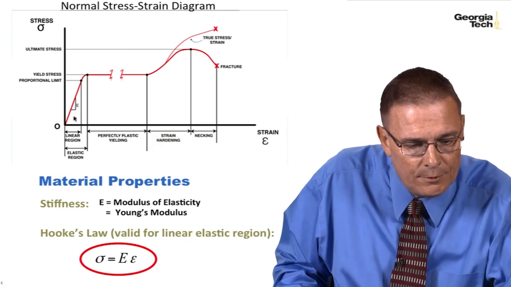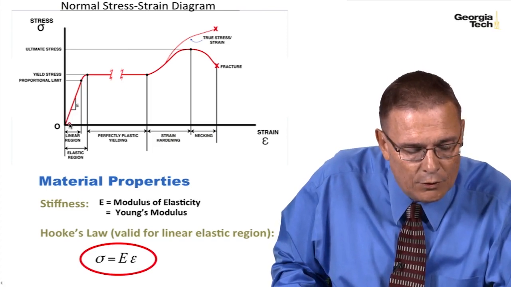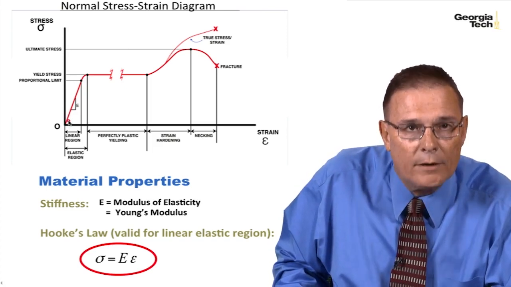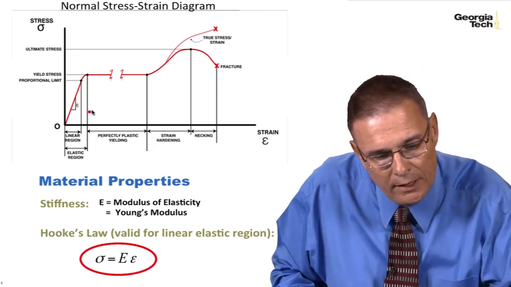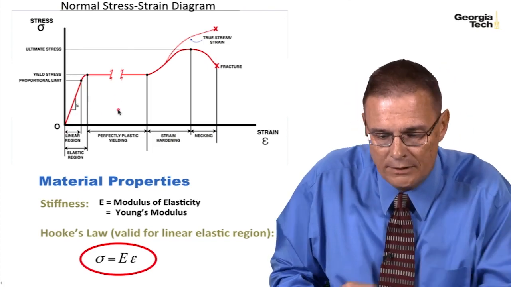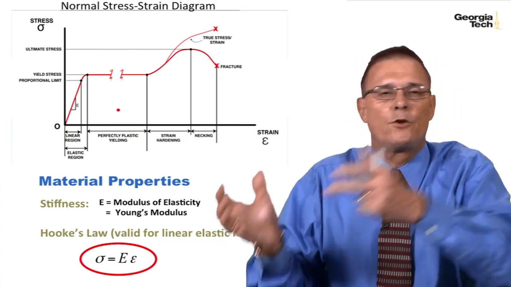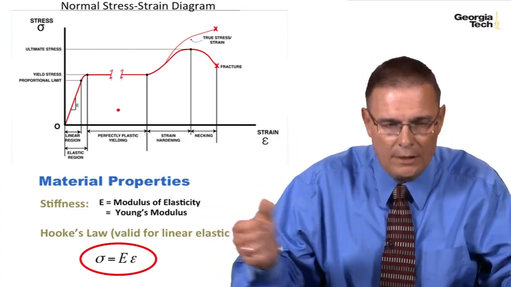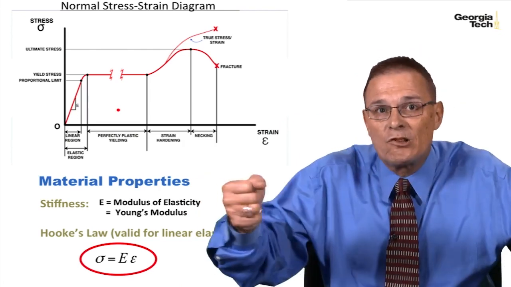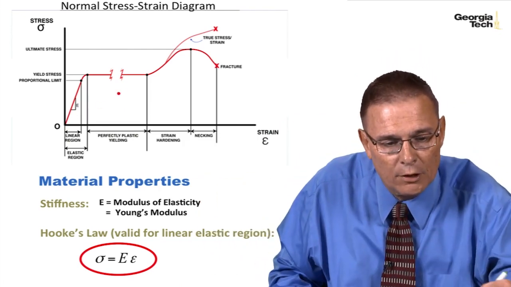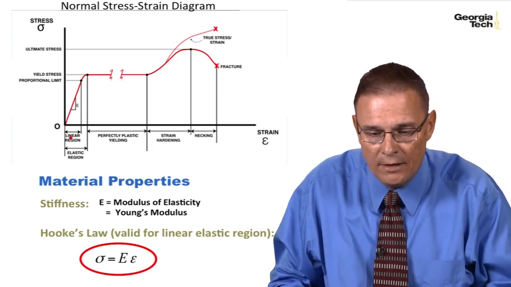The slope becomes greater and greater as the material is more and more stiff, and as it goes down, it would be less and less stiff. As examples of material going from less stiff to more stiff, you might start off with something like rubber, where you get a lot of strain for very little stress, so that's got low stiffness.